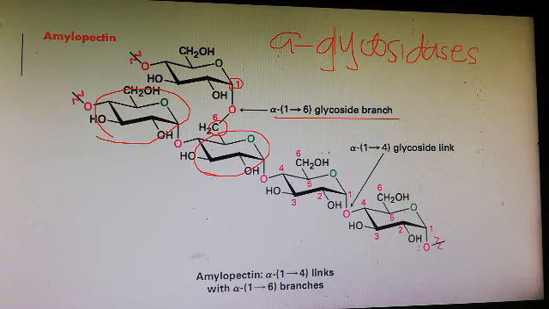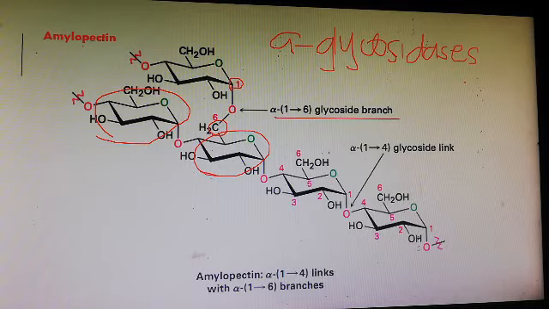Like most enzymes, alpha glycosidases are highly selective in their action. They choose only what they digest. So, they hydrolyze only the alpha glycoside links in starch and leave the beta glycoside links in cellulose untouched.